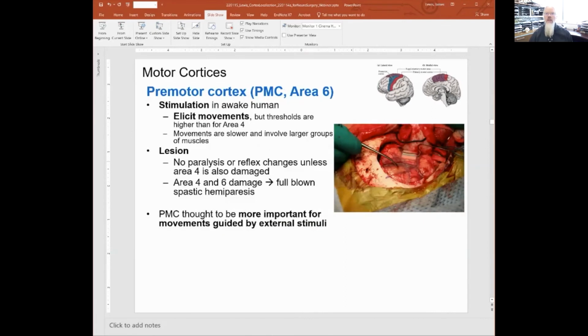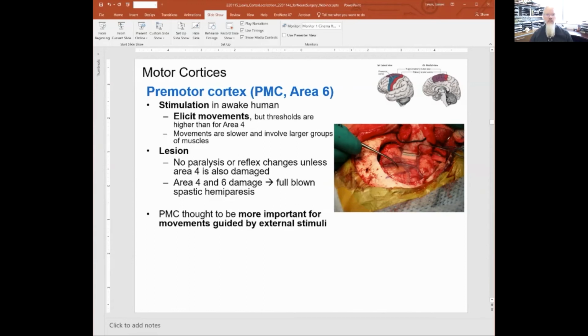Then in premotor cortex, in the blue area up in here, you can stimulate up in here. Thresholds are higher to get a movement, but the movements are slower, with larger groups of muscles involved. If you lesion, there is no paralysis or reflex changes unless you also take out some of the primary motor cortex. And if you take out both premotor and motor cortices, you can get the full-blown spastic hemiparesis.